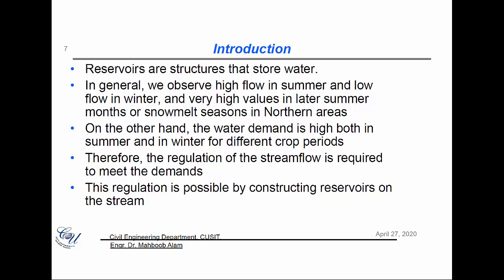And we cater for this by regulating the stream flow. We regulate the stream flow in a sense that we provide certain storage reservoirs, and then we try to collect that water which is surplus in summers, and then we use it in winters when the demand is there but inflows are less.